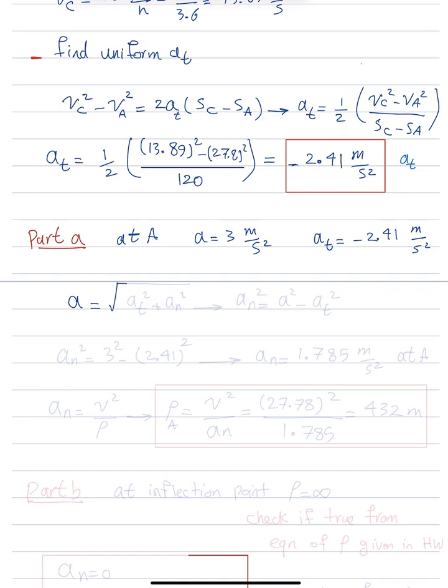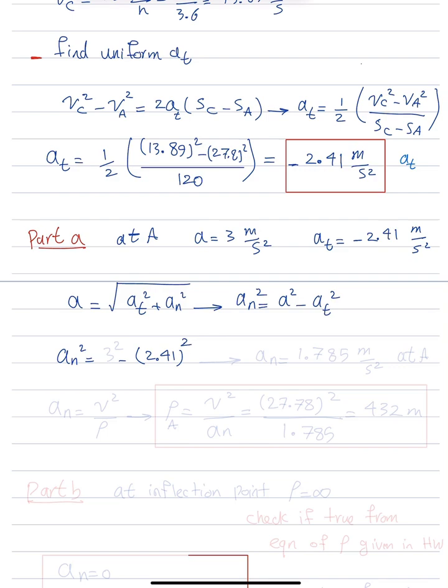because A squared is AT squared plus AN squared. So AN squared is A squared minus AT squared. So at A, AN squared is 9 minus 2.41 squared.